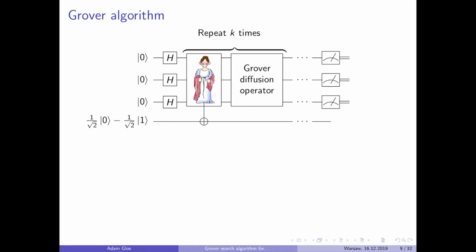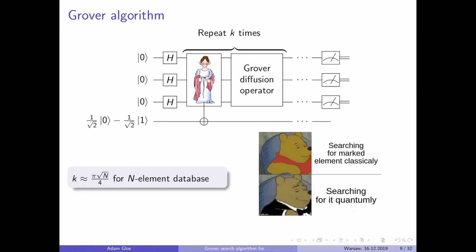At the very end, we measure the first qubits, and hopefully we get our answer. It turns out that if k is only of the order of square root of n, the database size, we can find our solution with probability almost 1. This is something I think I could say is impossible for classical computation, at least assuming we have only a finite number of cores.